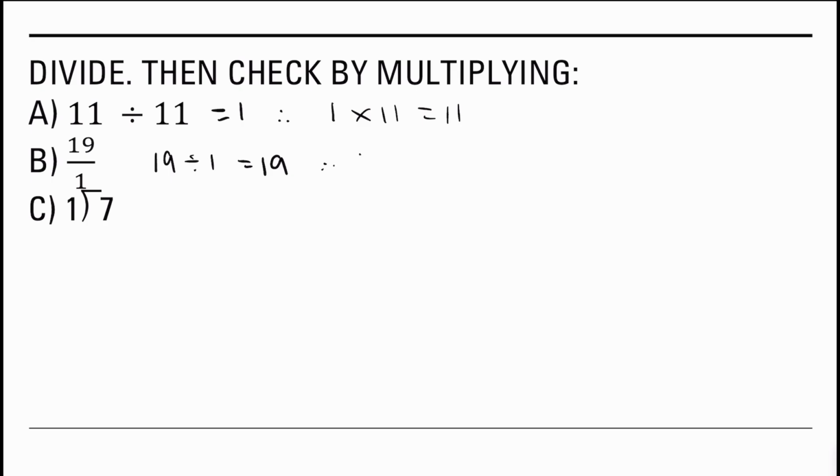Therefore, 1 times 19 equals 19. And so we get that correct too. So for the last one, don't get confused by the notation. So we have 7 divided by 1. And so if we do 7 divided by 1, we get back 7. Therefore, if we do 1 times 7, we also get back 7. So we're checking there by multiplying, and we are getting them all correct.